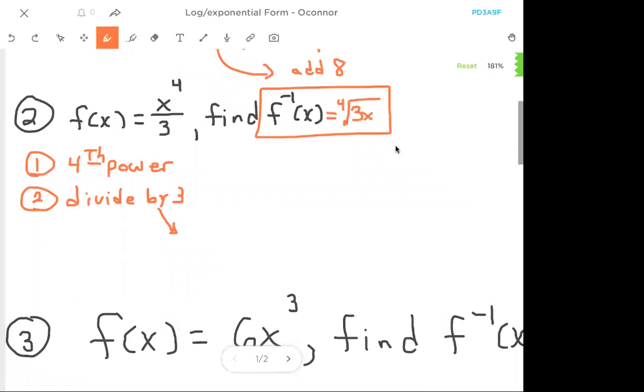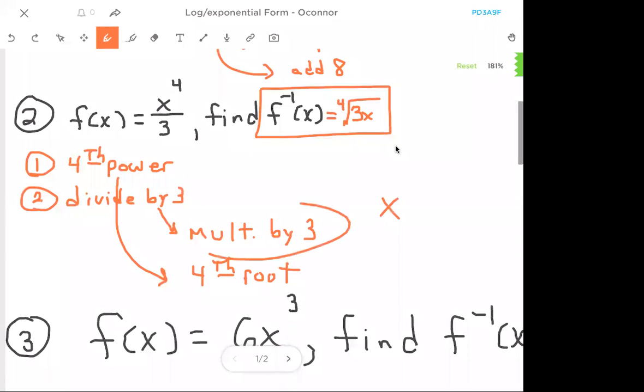So first thing to undo dividing by 3, I would multiply by 3. And then to undo the fourth power, I take the fourth root. Okay, or I could do the 1/4 power, either way. So when I take my number and I multiply by 3, it gives me 3x. And then when I take the fourth root, that's the fourth root of 3x. That's how I got my answer.